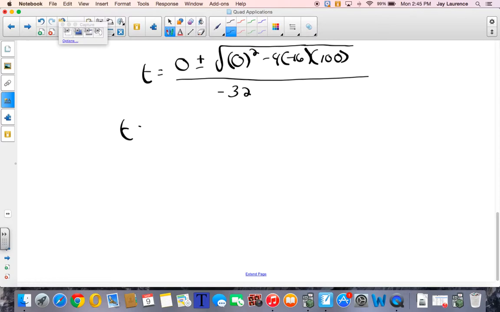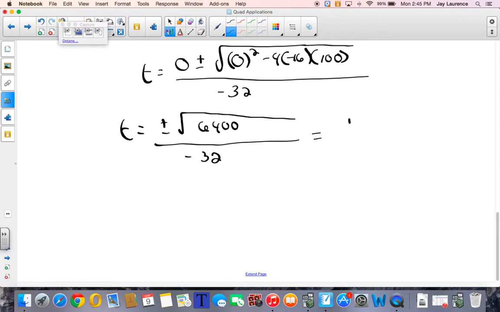So t is going to equal plus or minus, that 0 is not going to matter, the square root of 6400. Oh, I like that. That's a perfect square. Divided by negative 32. So that's the same as plus or minus 80 over negative 32. I don't care about the positive one because it'll give me a negative time.